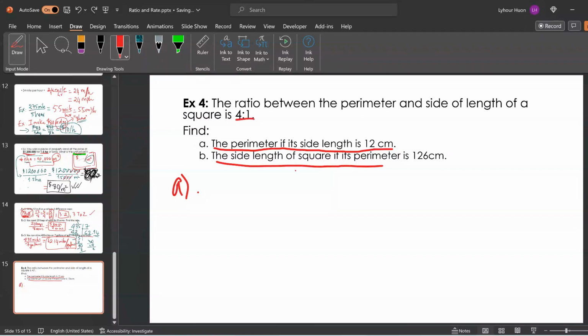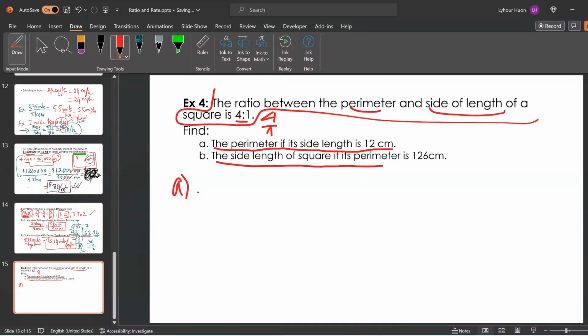So where does this ratio come from? 4 to 1. We can do like 36 over 12, so this means 4 over 1. This ratio comes from the ratio between perimeter and side length. So I have to make a ratio for that. Now this is the hypothesis.